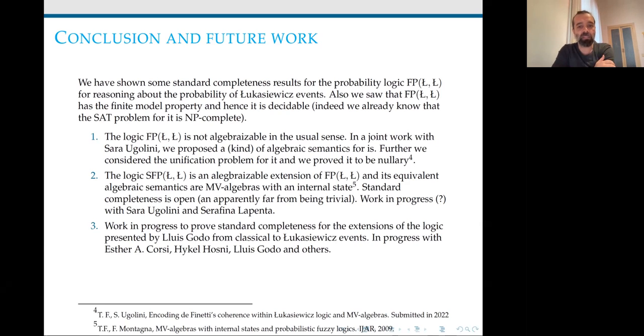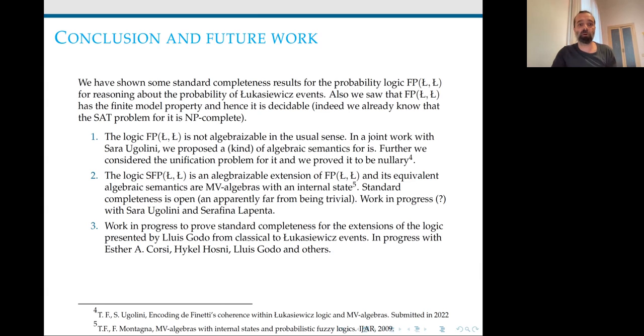The second point is related to what Carlos asked Luis. What happens if we drop the limitation for the operator P? Can we have a logic in which the operator can be nested or can interact with the non-modal formulas?